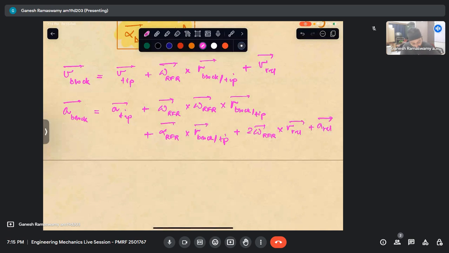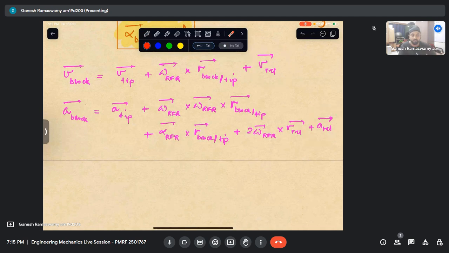Tip, these things we can calculate. Omega RFR, we know how it is rotating about the vertical. So that we can calculate. Alpha we can calculate. VREL is given to be 1.2.